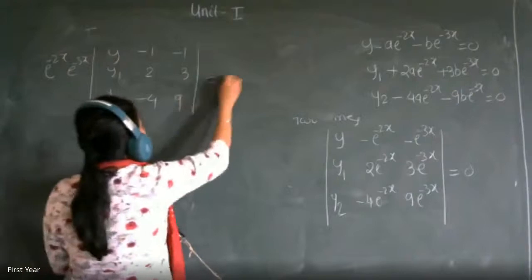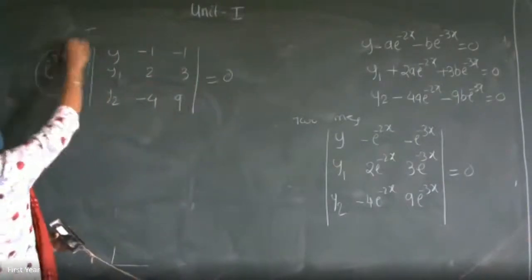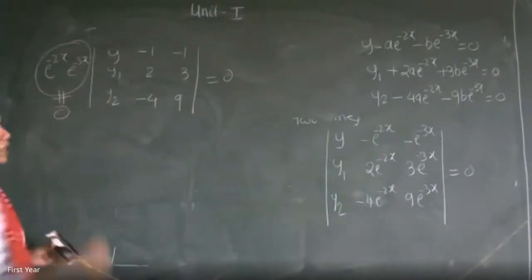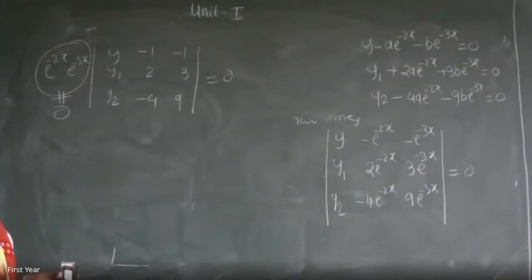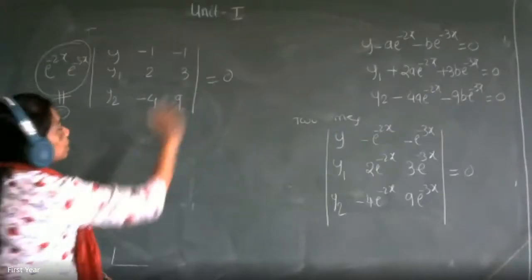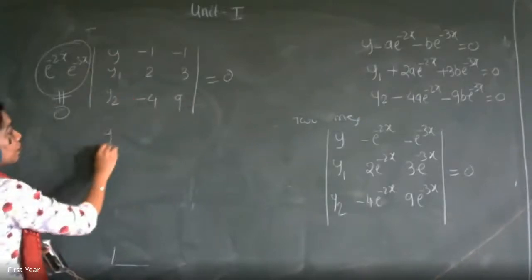This determinant is equal to 0. Can e^(ax) be 0 for any value of a? No, that is never 0. So only this determinant is equal to 0. Solve this determinant, that will give you the answer.